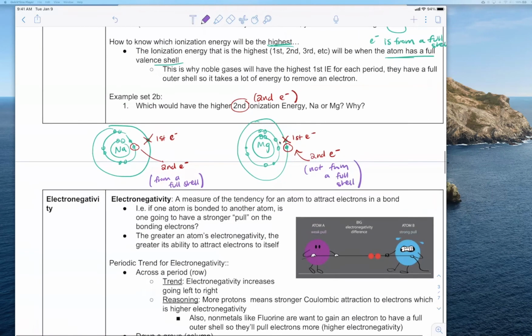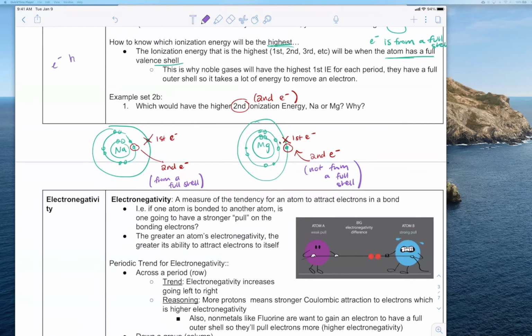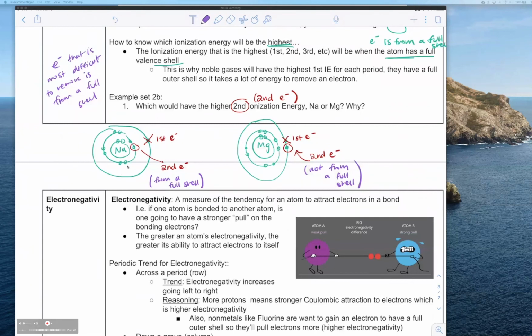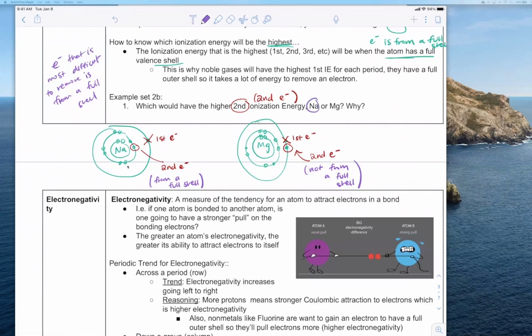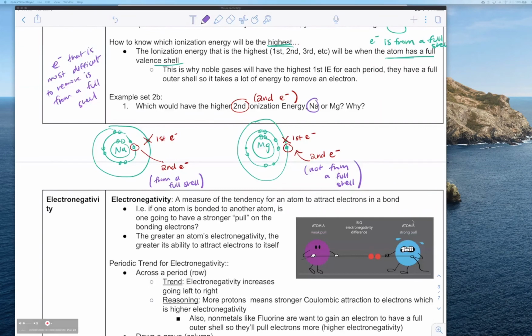So again, the electron that is hardest to remove is from a full shell. So this electron, or sodium, would have the higher second ionization energy. Okay, so your correct answer should be sodium.